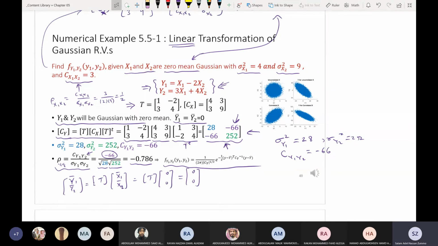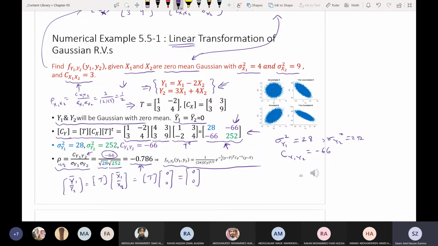Okay? So y1, y2 are both jointly Gaussian, like x1 and x2. What did not change is the mean, which is still 0, but what changed are the variances of y1, y2 and the covariance, which made the relationship between y1 and y2 different. The correlation factor changed to minus 0.786, after it was 0.5 for x1, x2.